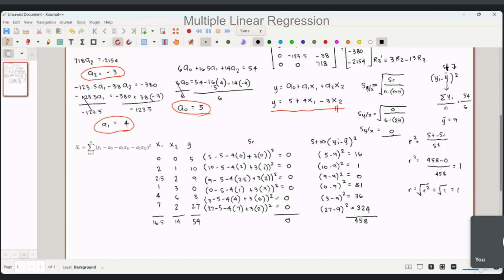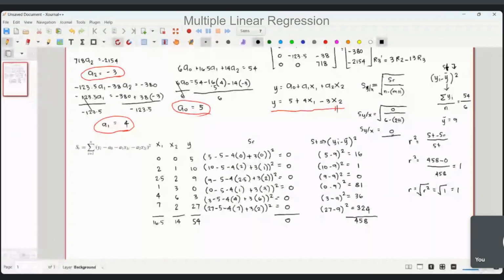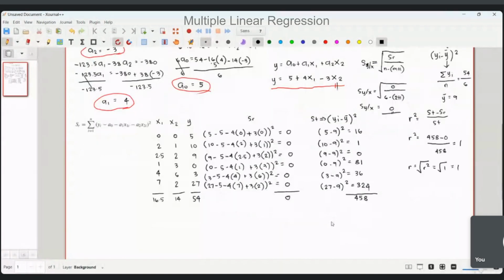That's it for the multiple linear regression. Okay. So without further ado, hold on. Nakasabot ra bang tanan? Yes. Nakasabot ra ba?